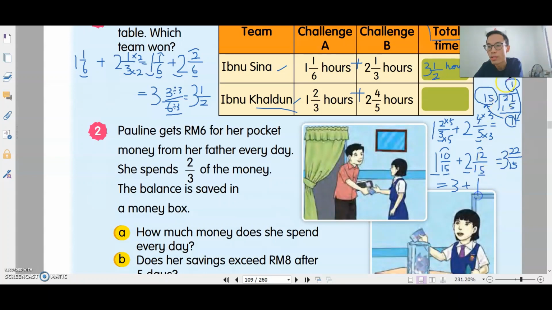So the answer is 3 plus 1 is 4, right? Then 7 over 15 remains.